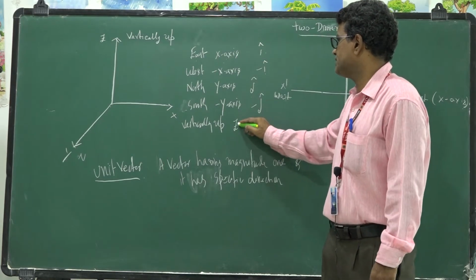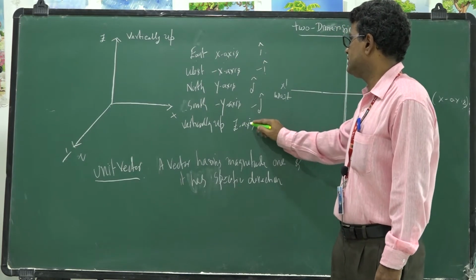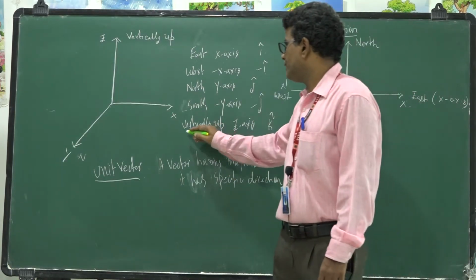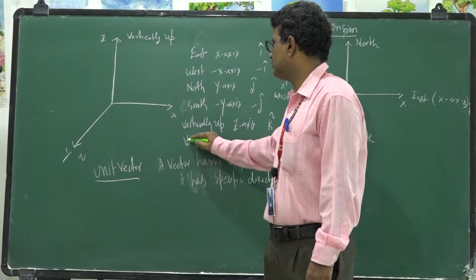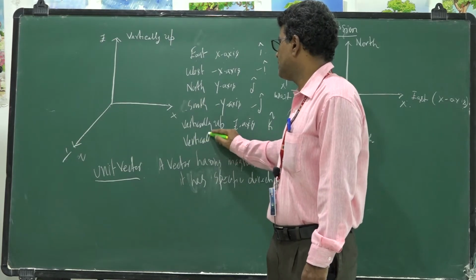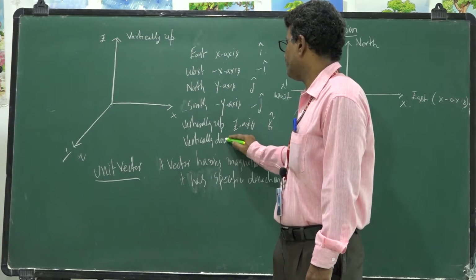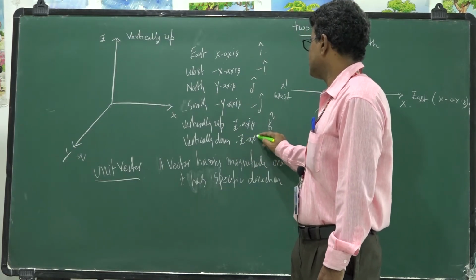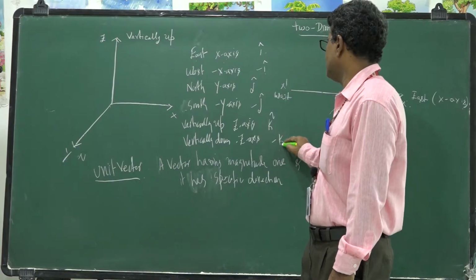That is the z-axis, so that is k cap. Vertically down, with the negative z-axis, is minus k cap.